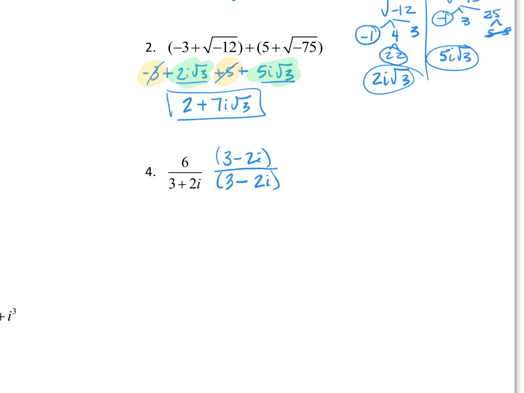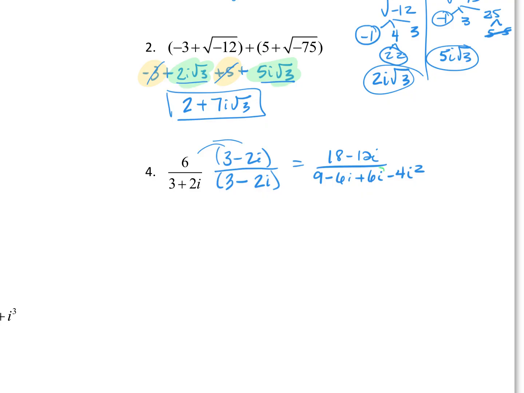Now you just do multiplication. On the top, all I need to do is distribute the 6. So I have 18 minus 12i. Everybody good with that? The bottom, I'm going to FOIL it. So 9 minus 6i plus 6i minus 4i squared. Now I got some cleanup to do here.